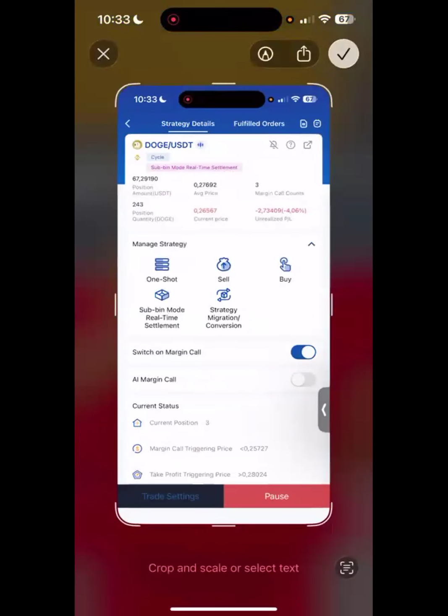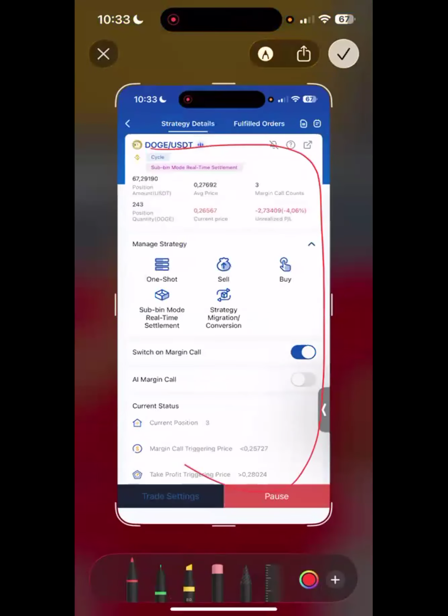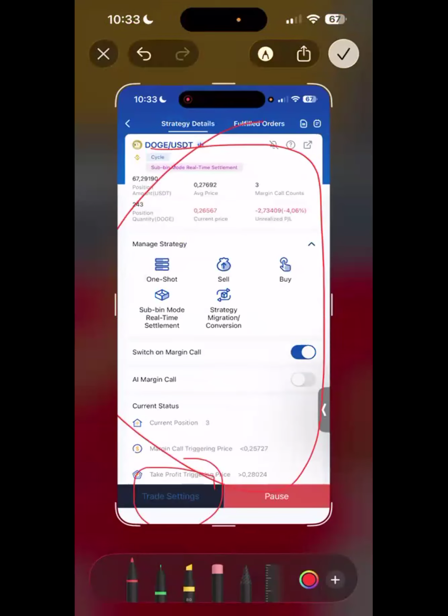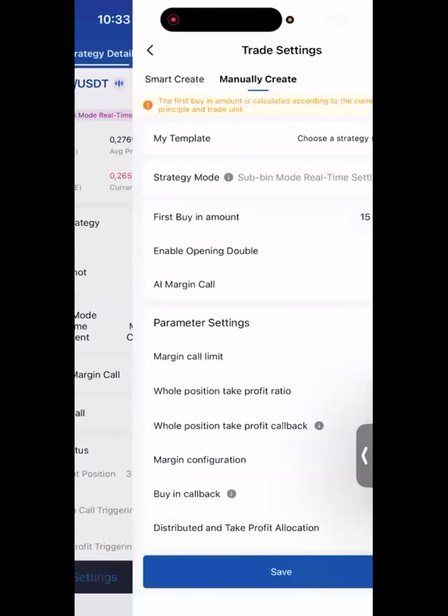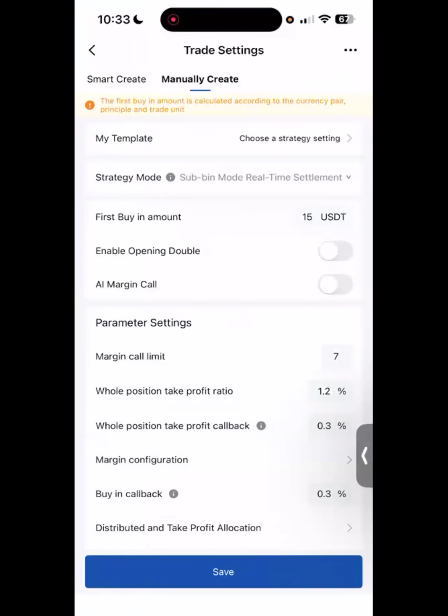So this is the trading page where when you tap on trade settings, you can edit the trading settings. Even though it's in trade, you can still edit it or adjust it. So when I tap on it, you would see everything over here.